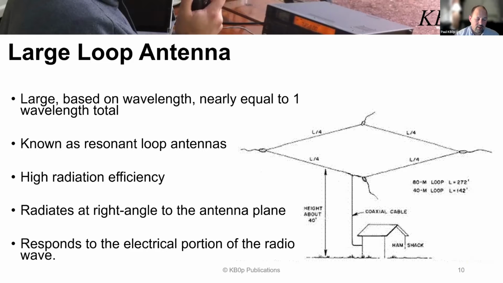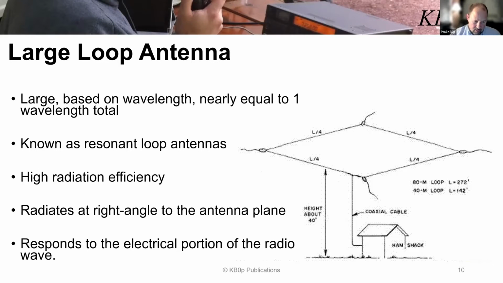And unfortunately, a large loop antenna responds largely to the electrical portion of the radio wave. Why? Because it's a resonant antenna, it's large, and it actually does respond to the electrical portion of the wave. So even though it's a square loop, it's a complete circuit, a dead short, if you will, from ground to hot on your coax, it does largely respond to the electrical portion of the wave.